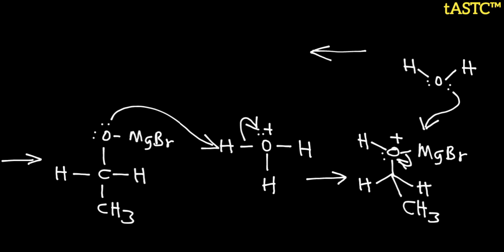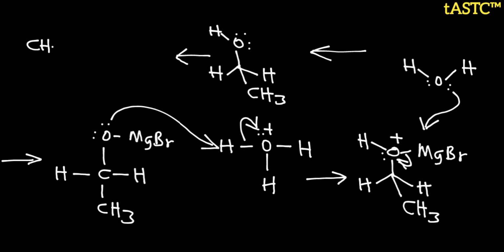This is what you're going to have. And this is the CH3 group. Now in condensed form, you're going to have a CH3 connected to a CH2, which is in turn connected to an OH group.